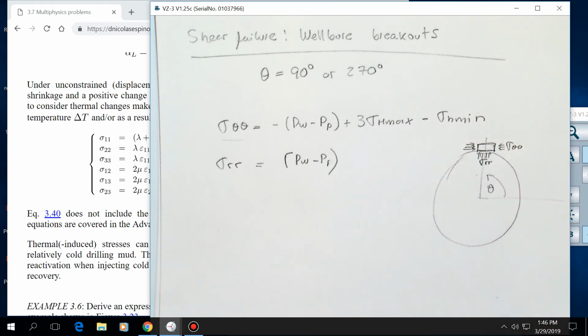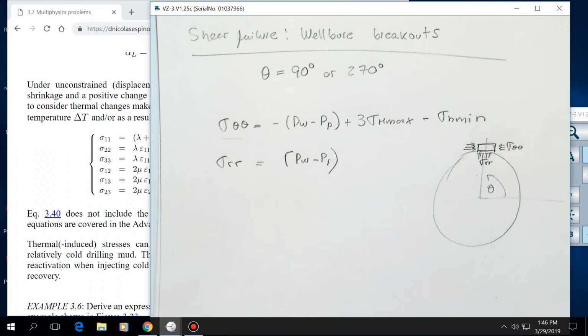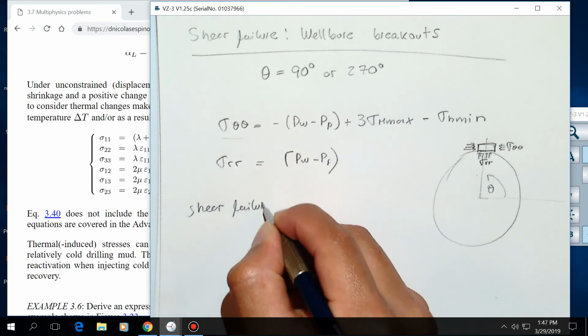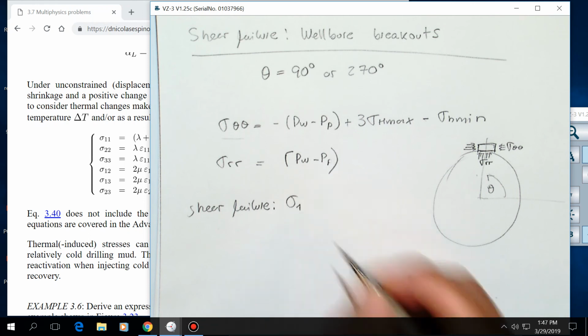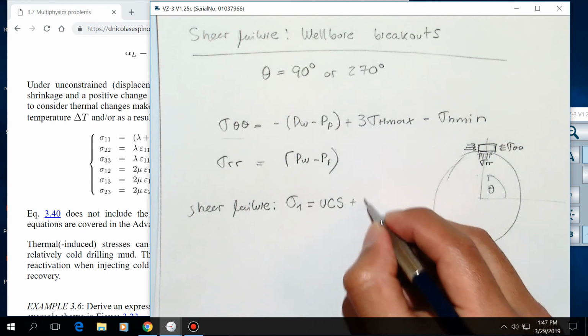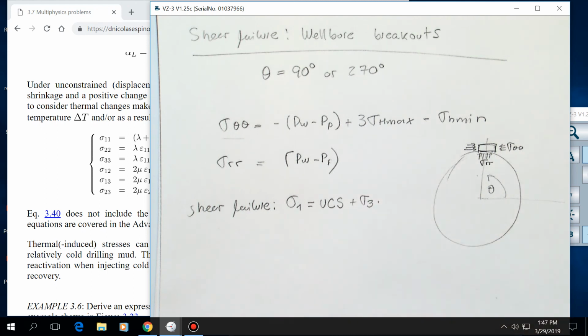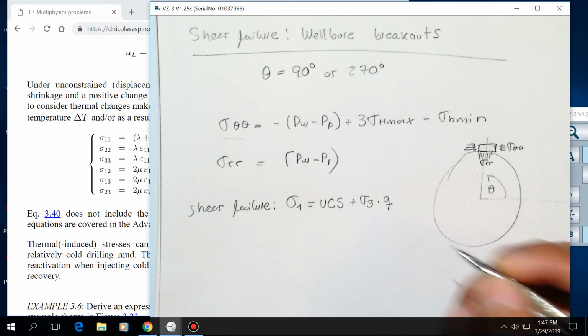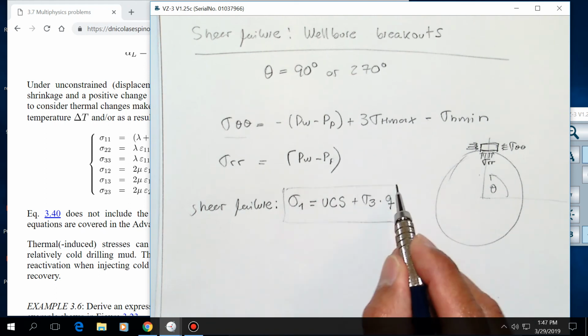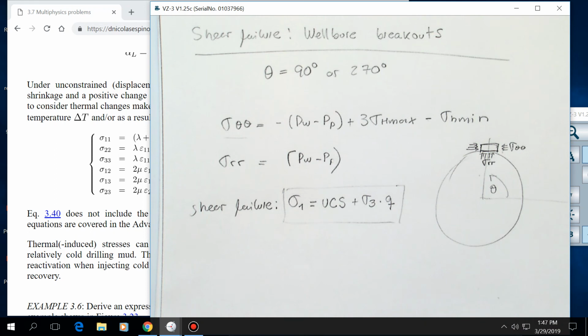If this is failing in shear, which is sigma 1 and which is sigma 3? Remember that for shear failure, the maximum allowable stress sigma 1 is equal to the unconfined compression strength plus sigma 3, which is the effective stress support, the least principal stress, times the coefficient related to friction, Q. So if we want to use this equation, which is sigma 1 and which is sigma 3?